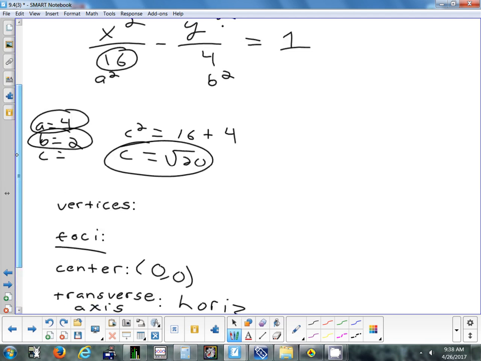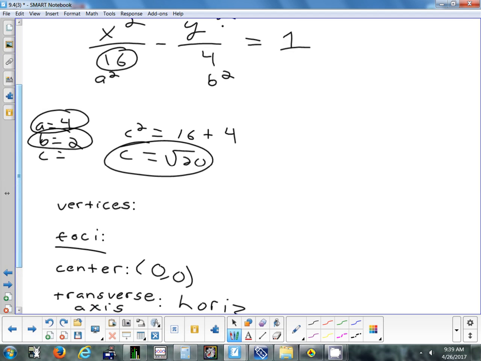So the vertices are how many units away from the center? 2 units? Nope, the vertices are not.